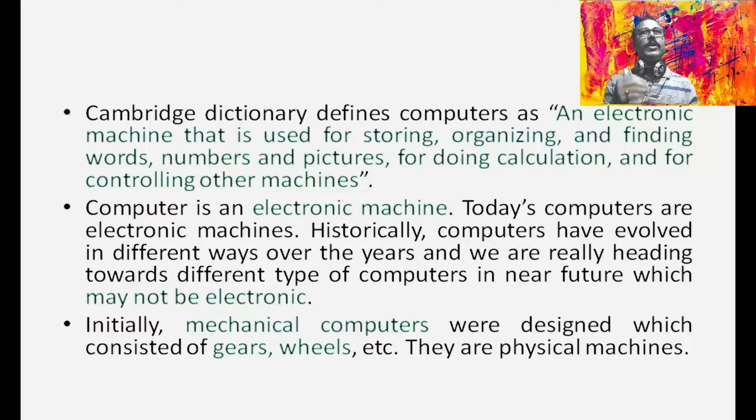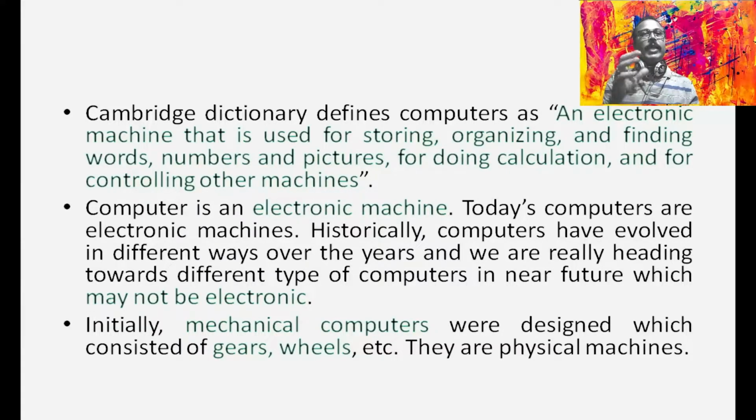So the mechanical device is different from the electric device, and the electric device is different from the electronic device. A mechanical device usually consists of wheels, gears, etc. An electric device makes use of electricity, and the different components will be large in size.